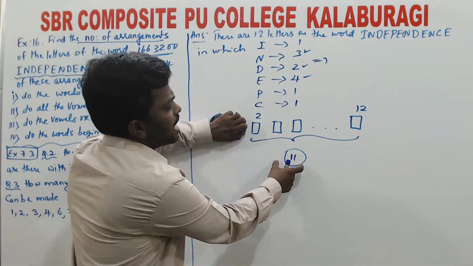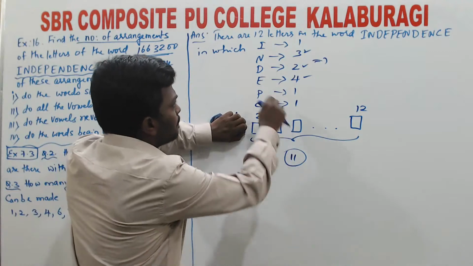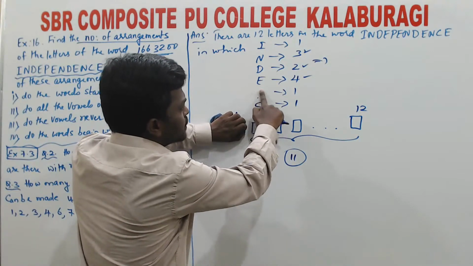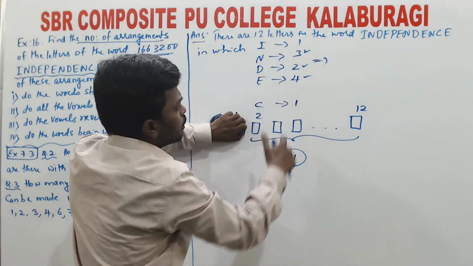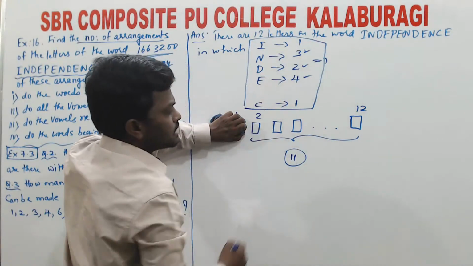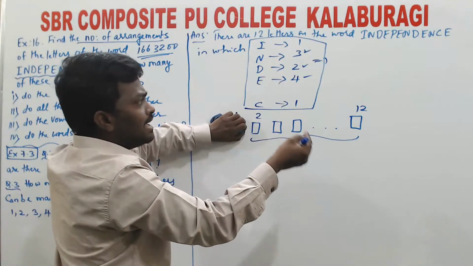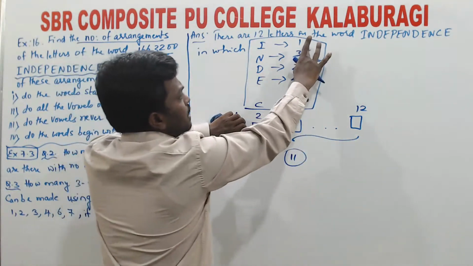So how many are left now? 11, right? In that 11, P is gone now, P is already filled. So you have to fill the remaining 11. Check if there are any letters appearing more than once. Yes, students.